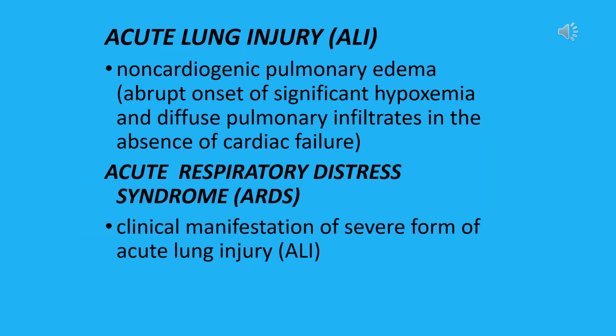Next is your acute lung injury, also known as non-cardiogenic pulmonary edema. It's characterized by abrupt onset of significant hypoxemia and bilateral pulmonary infiltrates in the absence of cardiac failure.